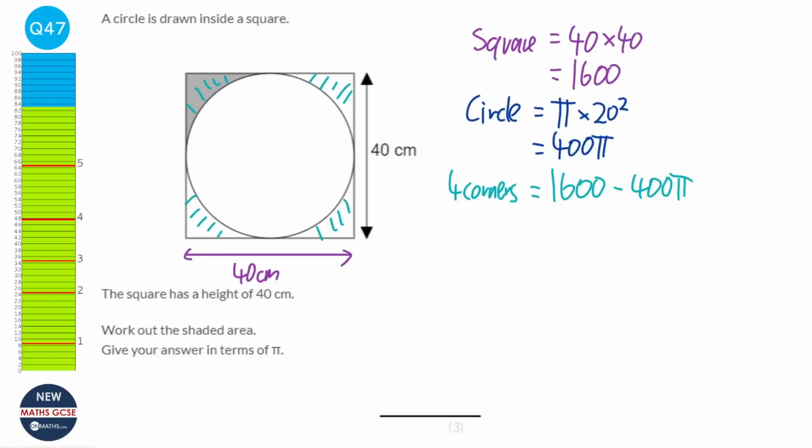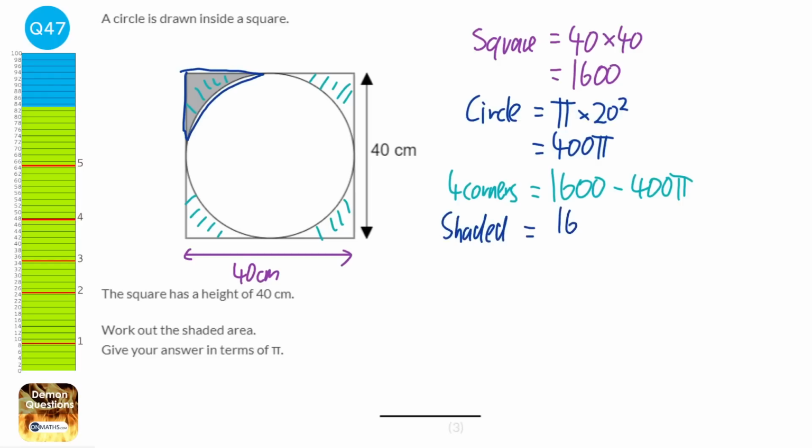And to work out just the shaded bit, which is this bit here, we've got 4 equal amounts for these corners. So just one corner, which is the shaded bit, will be the 4 corners divided by 4. Now we've got a kind of fraction here.